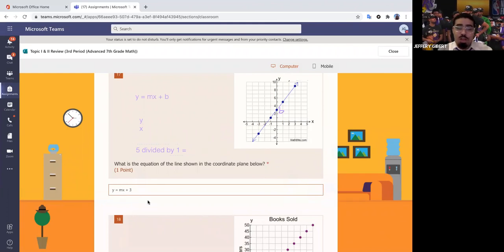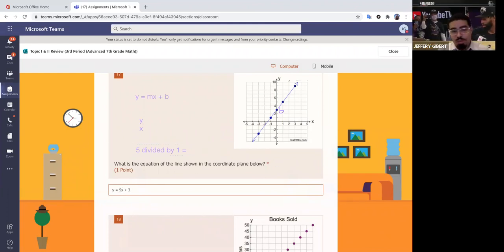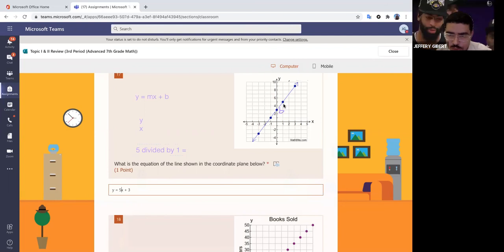So that means our m is 5. So y equals 5x plus 3. Oh, hold up. That's not correct. y divided by x.